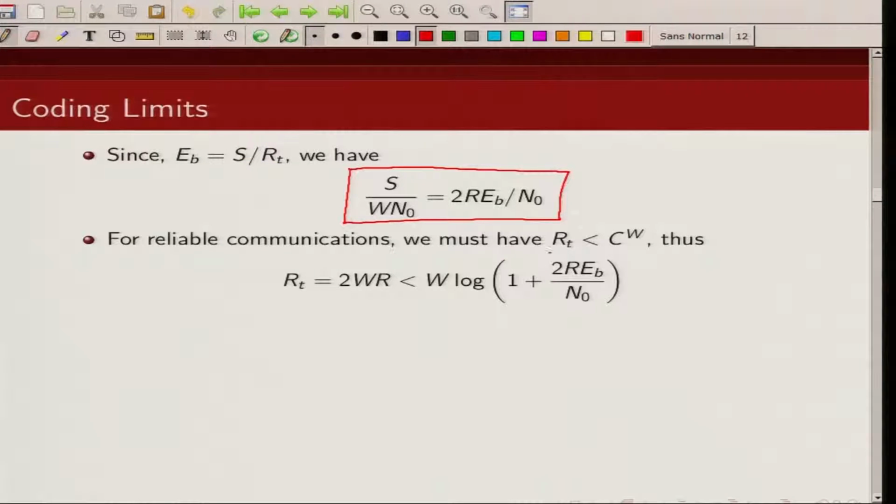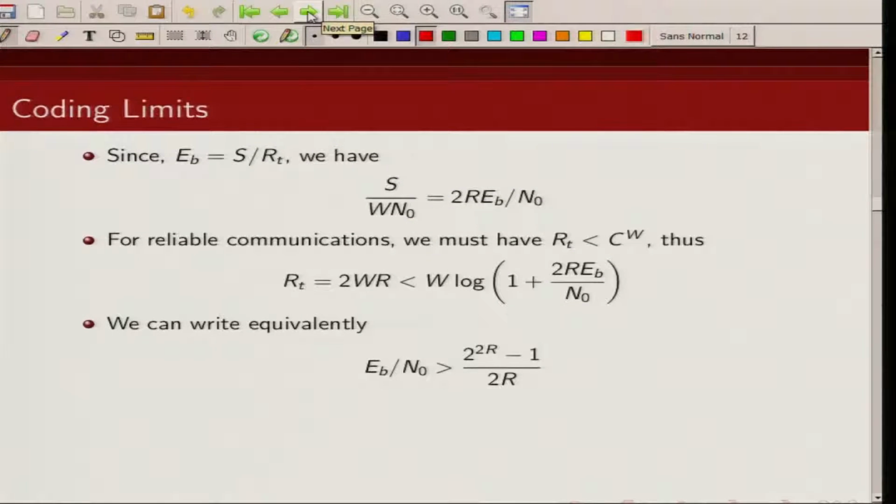Now, for reliable communication, our transmission rate should be less than channel capacity. And what is channel capacity? For the band limited channel, it is W log of 1 plus S by W N naught, which is given by this expression. So, a transmission rate which is 2WR should be less than W log of 1 plus 2R E_b by N naught.